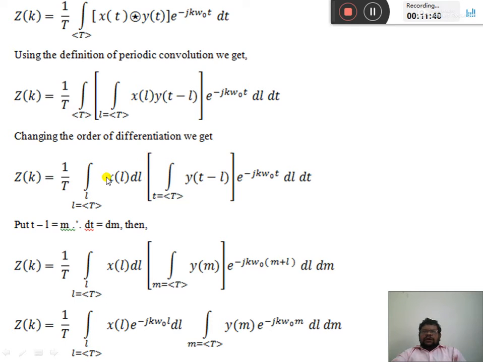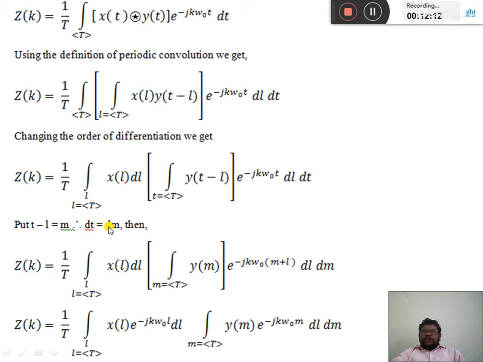So, changing the order of integration, I can write it as it is. Put t minus L is equal to m. At last, actually, this is the property we have to prove; these properties all hold good for the Fourier series, and we are proving that. Put t minus L is equal to m, then dt will become dm.